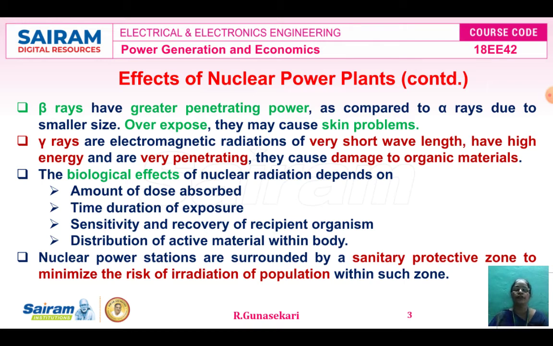Mainly these four factors. Nuclear power stations are surrounded by a sanitary protective zone, which is used to minimize the risk of radiation to the population within this zone.